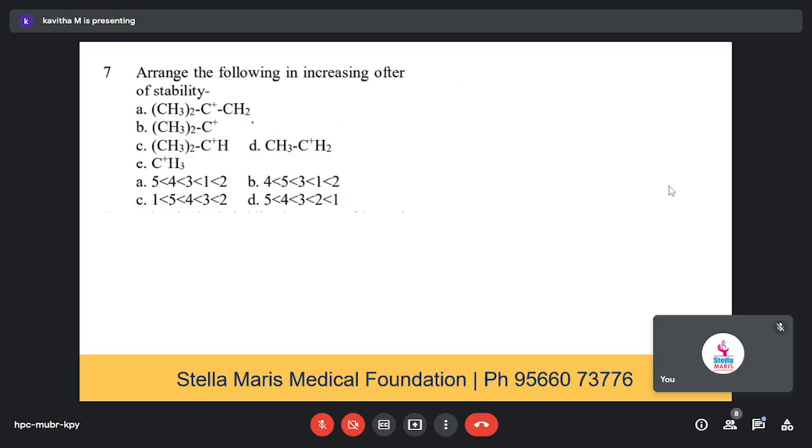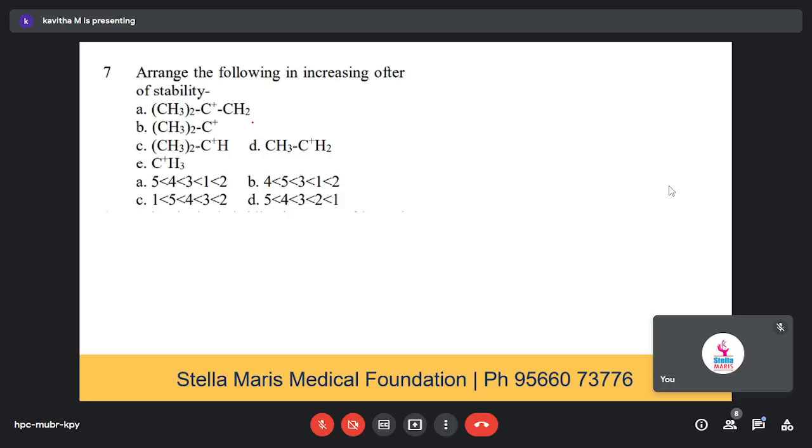The next question: arrange the following in the increasing order of stability. I think Jayashree, you have sent me this one, right?